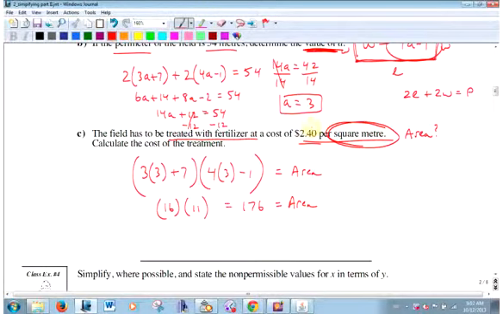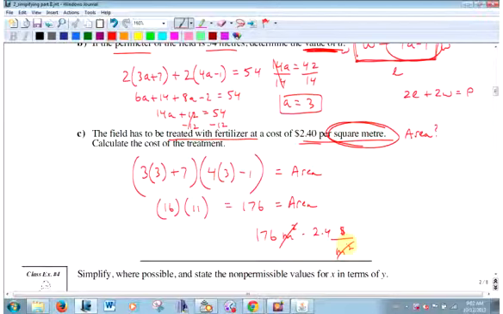Okay, 176 times 2.40 per, actually let's do units. A lot of you are in chemistry. 176 meters squared times $2.40 per square meter. What happens with my units?